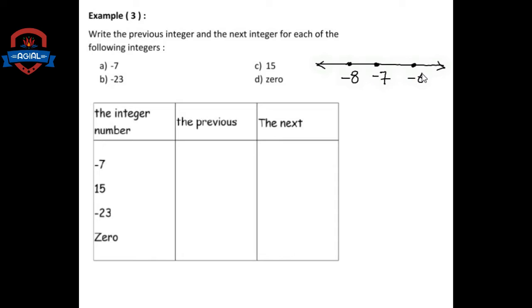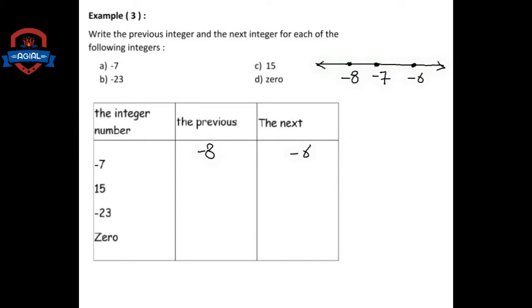Negative 8, negative 7, negative 6, and negative 5, and negative 4, and so on. So the previous integer will be negative 8 and the next integer will be negative 6.